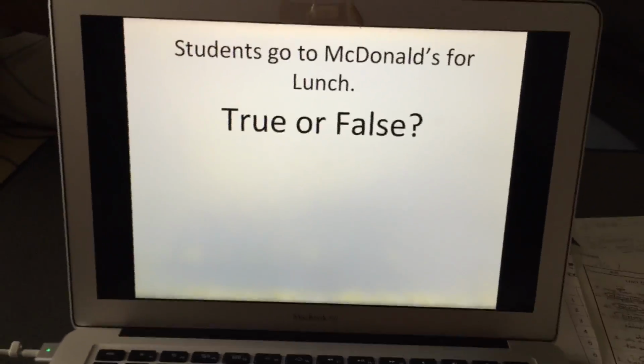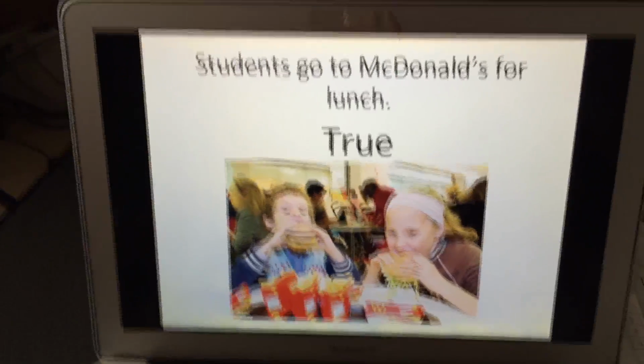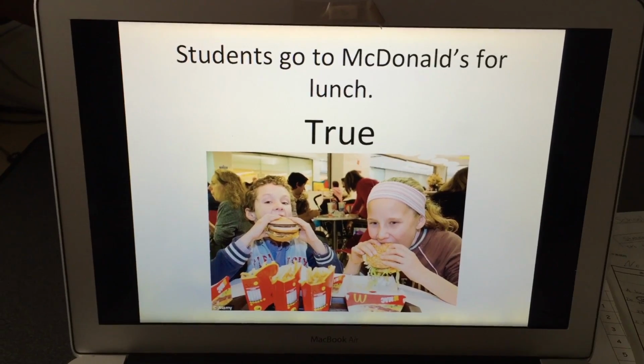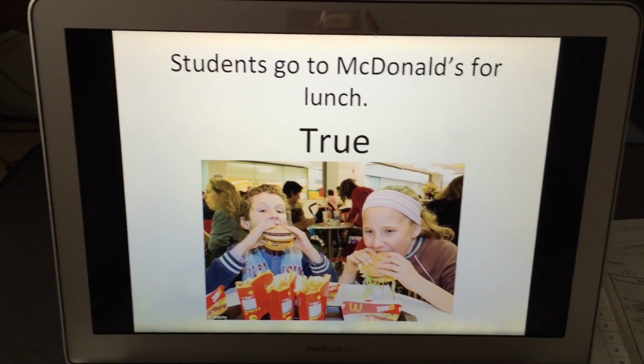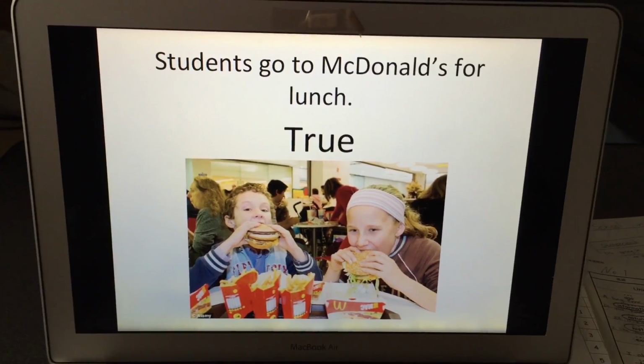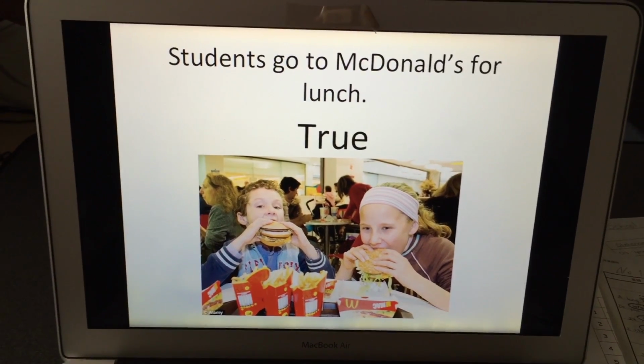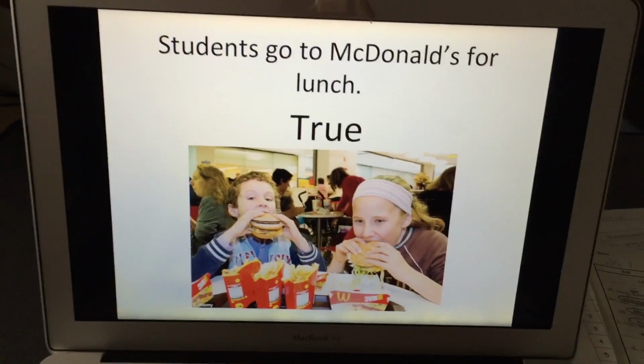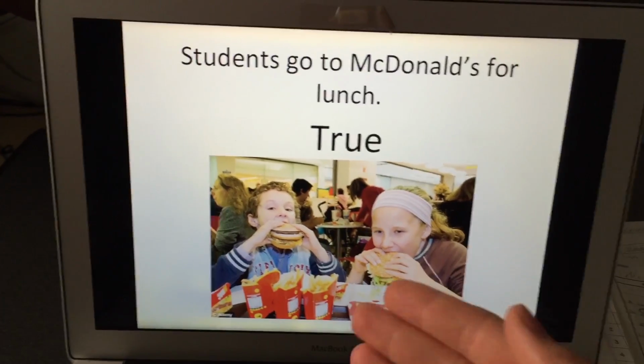Students go to McDonald's for lunch. True or false? And I put it as true because even in junior high in Japan, students are not allowed to leave the school, and there are some food items that they cannot eat. They cannot eat things like ramen and fast food.